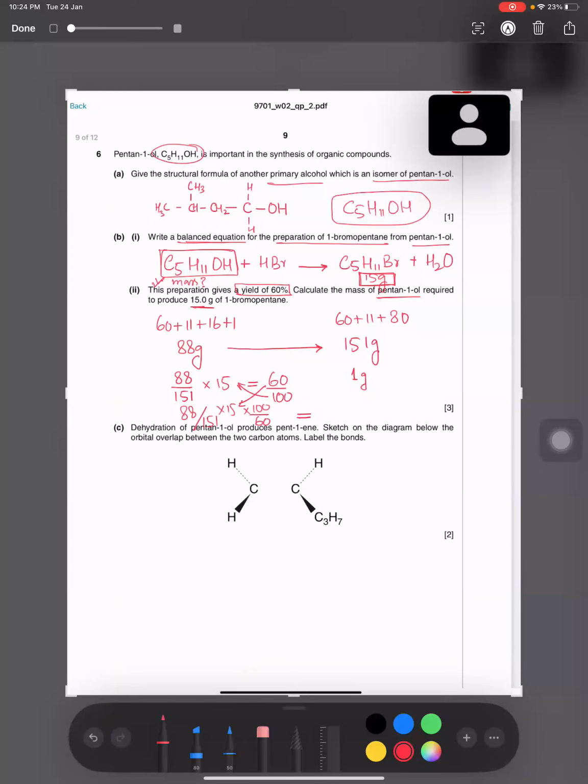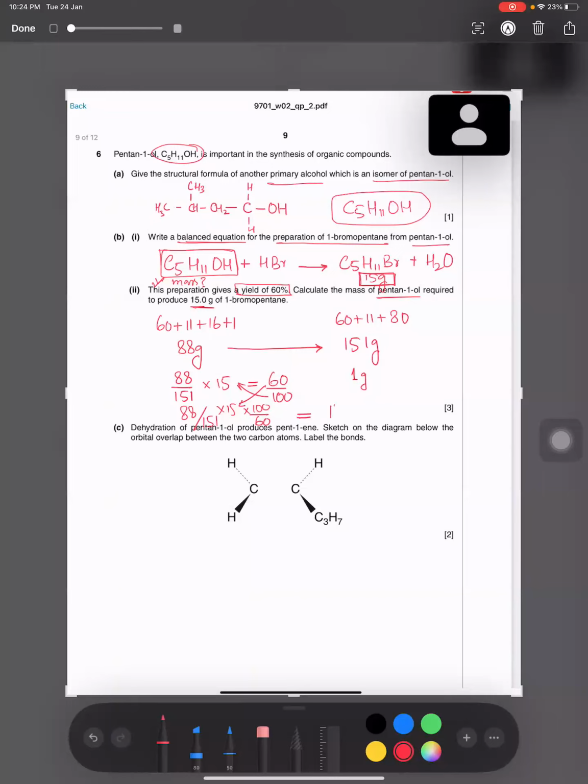So let me do this. It is 88 into 15 into 100, and then divided by 60, and then divided by 151. So it is somewhere 14.569.